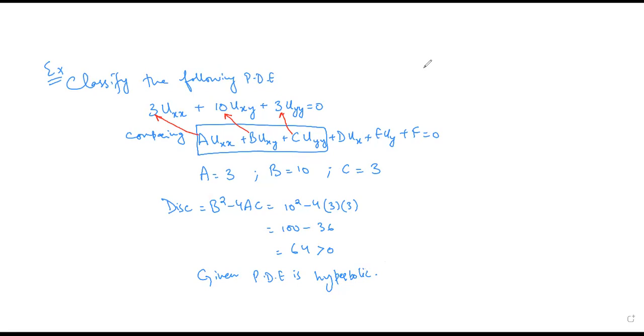Similarly, let's suppose any other equation that you have to classify: x square uxx minus 2 into x into y uxy plus y square uyy is equal to exponent of x.